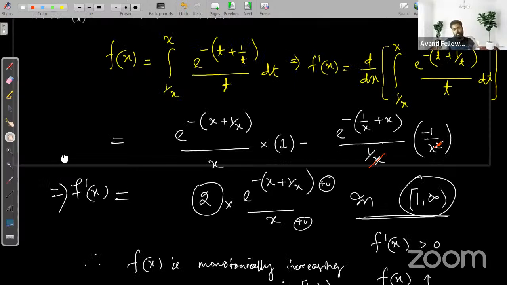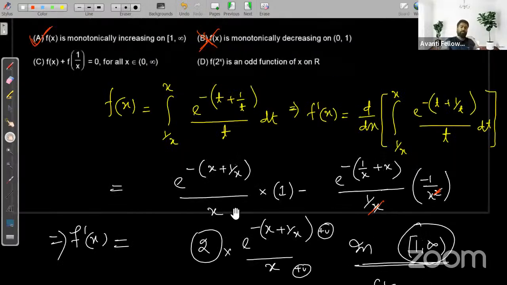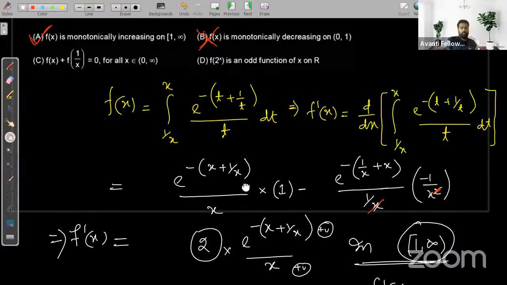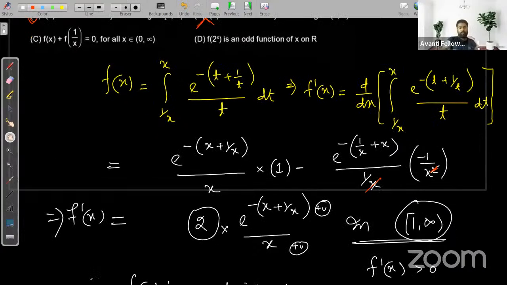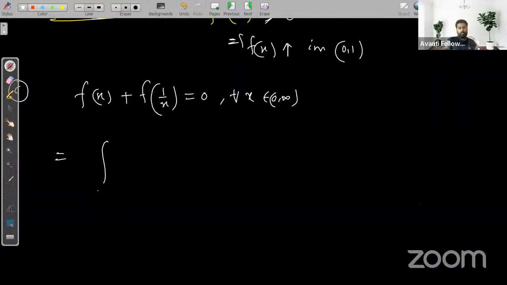So f of x becomes the integration from 1 by x to x, of e to the power minus of (t plus 1 by t) upon t dt.